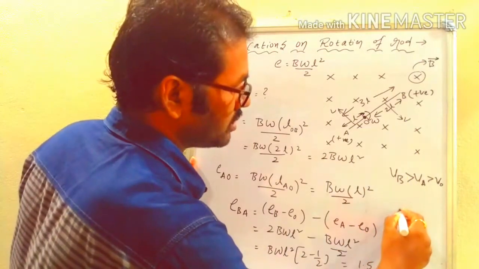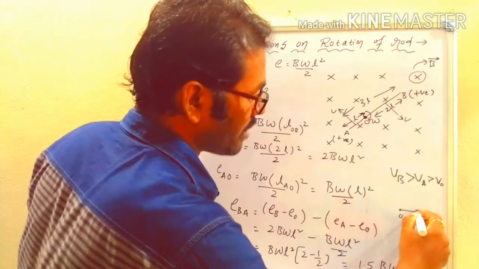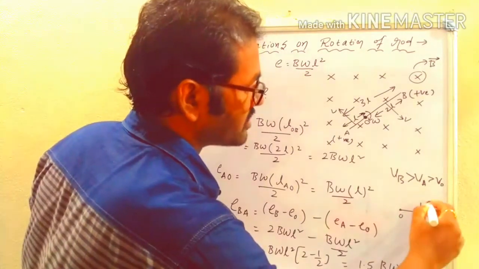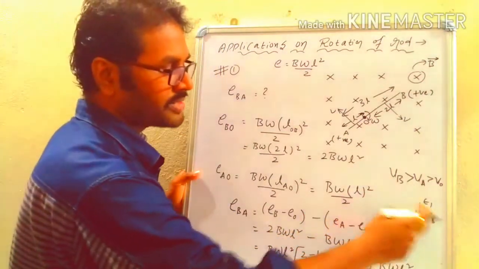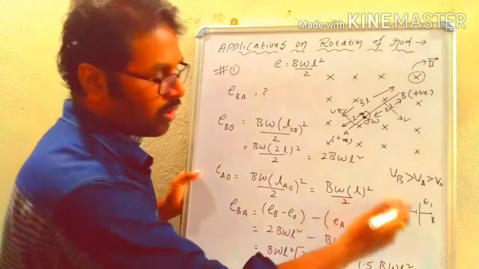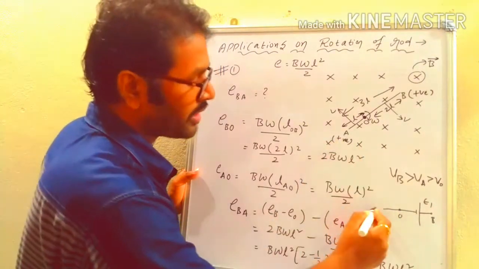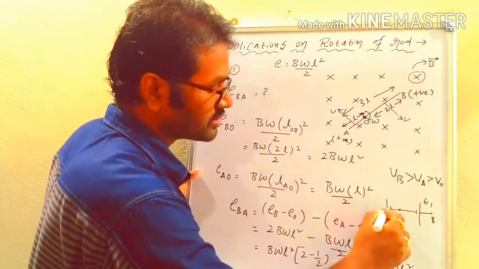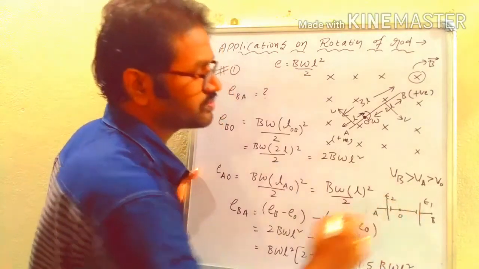This part can be assumed like a battery. For example, this is the axis of rotation. From here you can imagine one battery whose EMF is E1, the EMF across the points O and B. On the other side, towards the point A, O is the lower potential point and A is the higher potential point. This is E2.